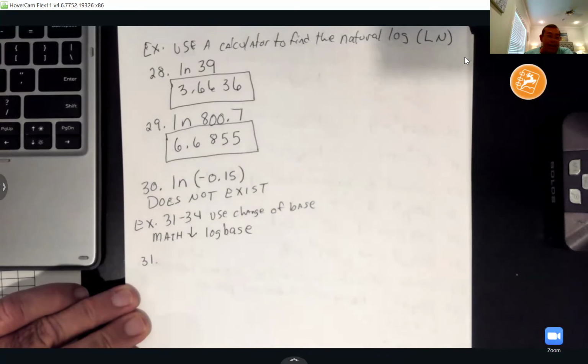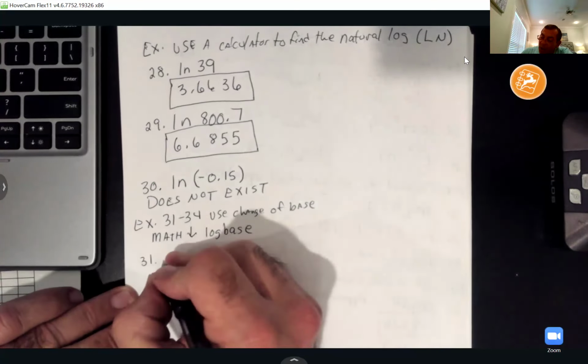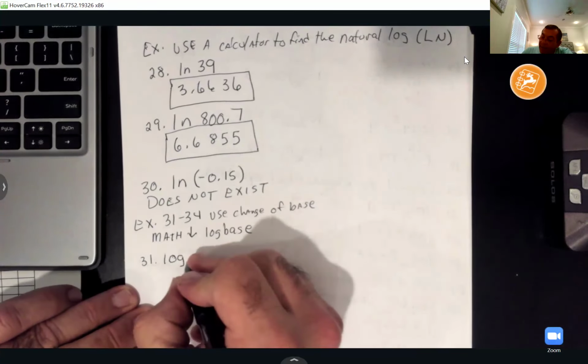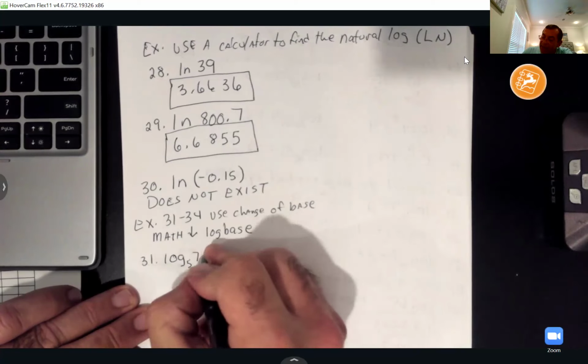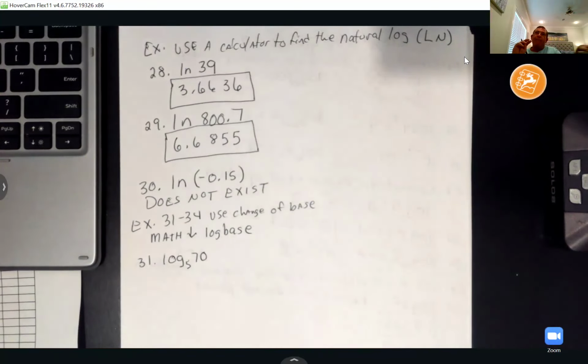So knowing that, remember, you're going to round these off to 4 decimal places. So y'all find me the log base 5 of 70. And round me out to 4 decimal places.